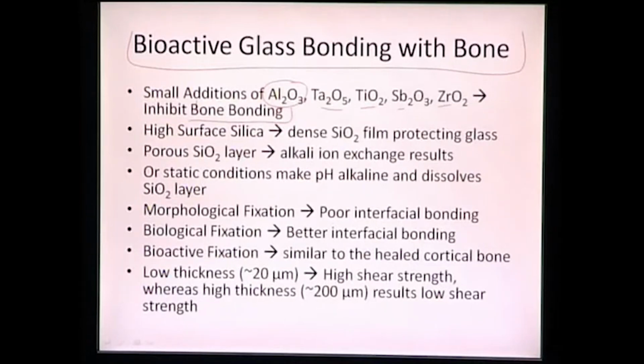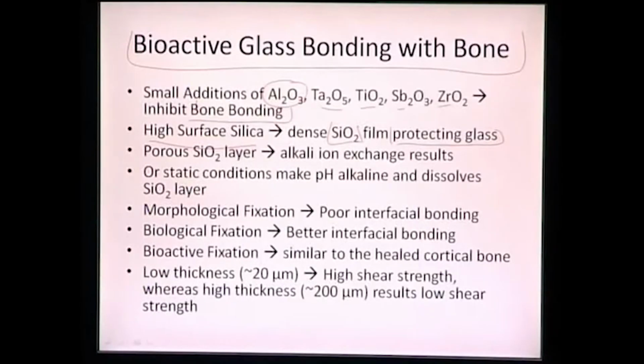And once we have very high surface silica or any oxide, it will form a protective glass film. So once we have something protecting the surface, it is not compatible and doesn't want to form a bond with anything else. So we have an inert layer, and that doesn't lead to any bond formation with the cells on the surface.